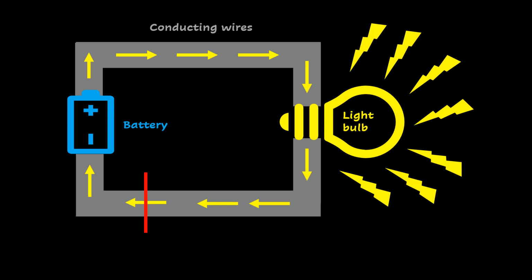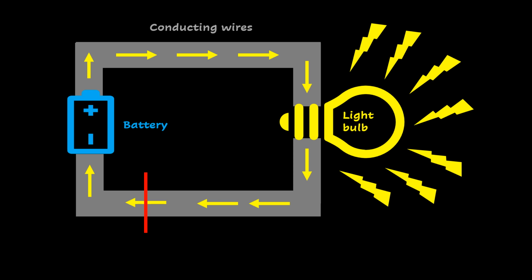Let's say the red line represents a fixed point and we want to determine the current. Imagine that we were able to count the charge one by one as it passes this point: 1, 2, 3, 4, and on and on.